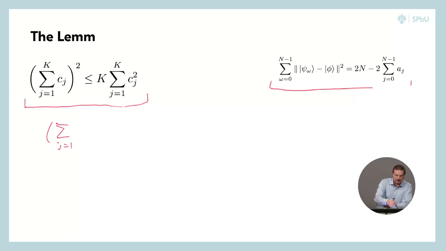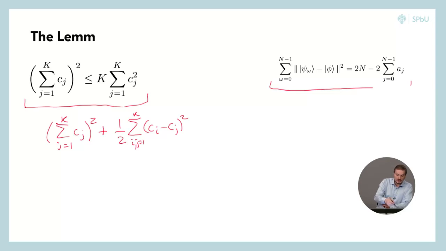Let's rewrite the left part of the inequality: squared plus some positive number, both sums over i, j from 1 to k of (ci minus cj) squared.